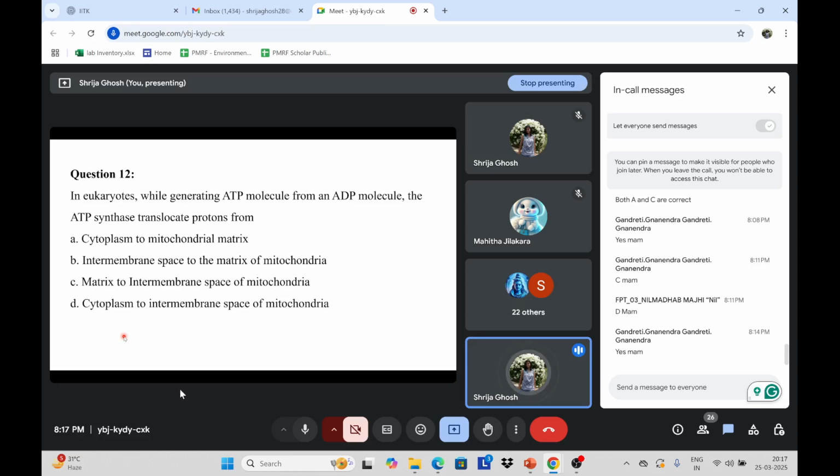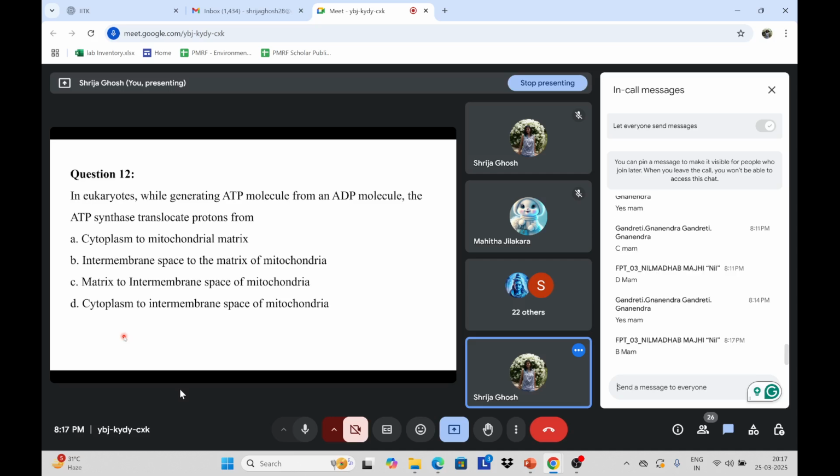What would be the correct answer here? Okay. I have one answer, option B, intermembrane space to matrix of mitochondria.